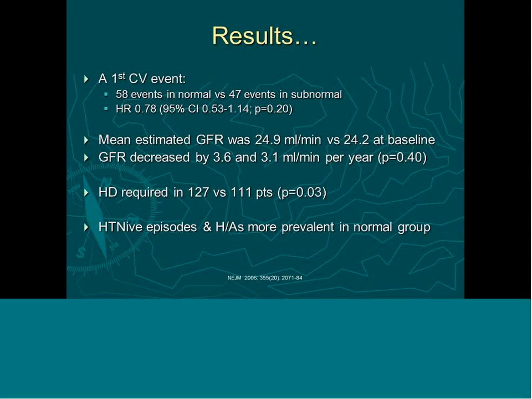So the first event occurred in the normal hemoglobin arm, and there were 47 events in the normal hemoglobin arm.